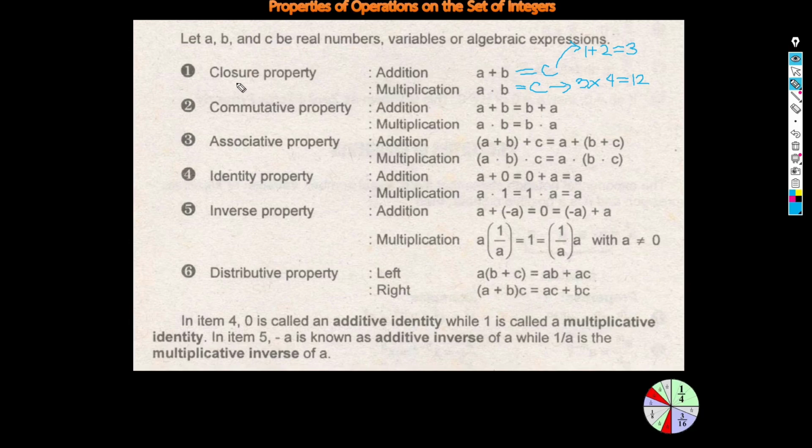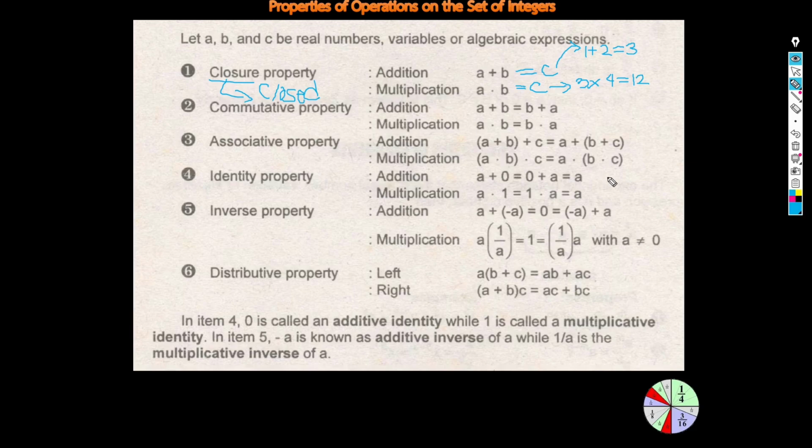Okay, I told you already that in the closure property, we could get the keyword here, the word closed. Closed, which is not open. Close, or you are close together. For example, your mom and your dad are close to each other. Therefore, when your mom and your dad are together, they will produce a baby, which is another person.